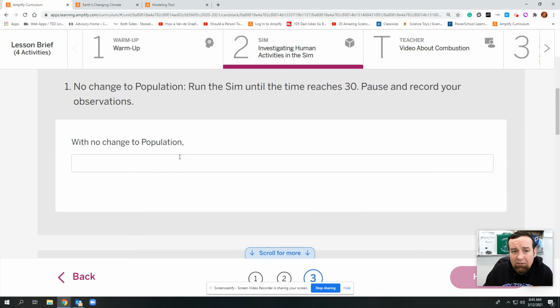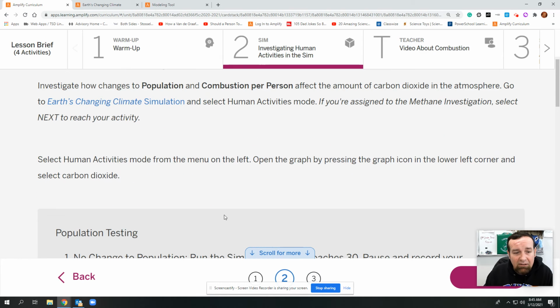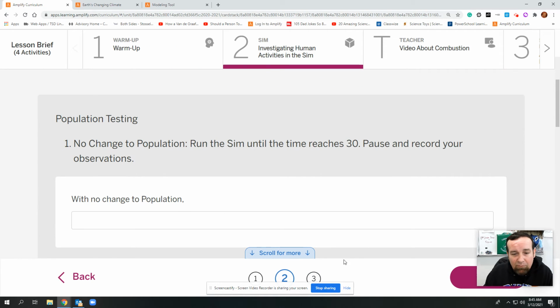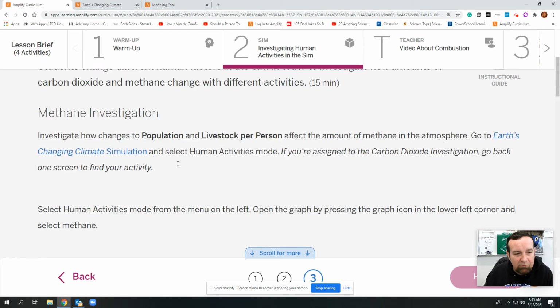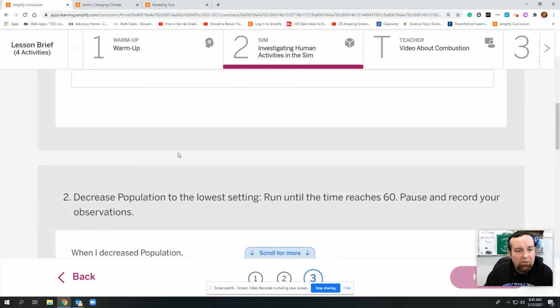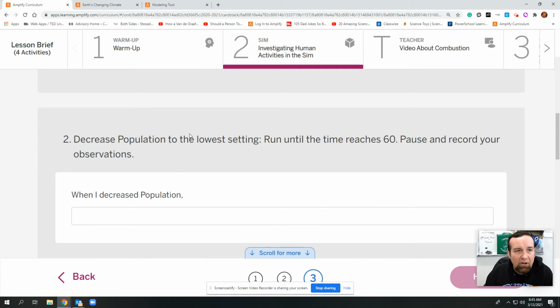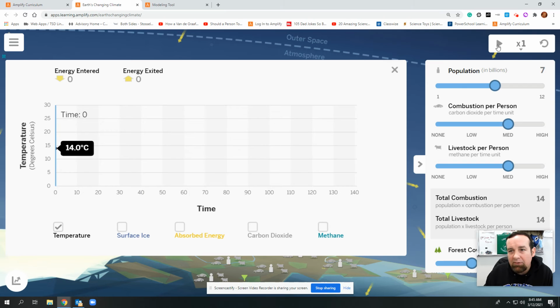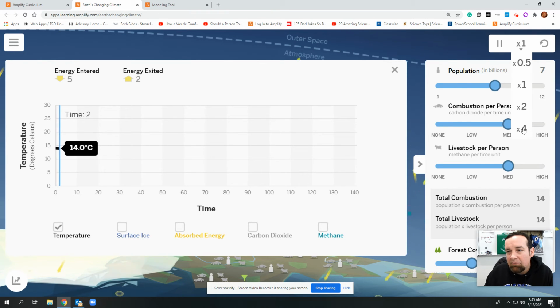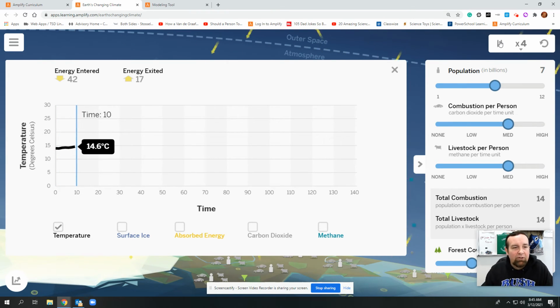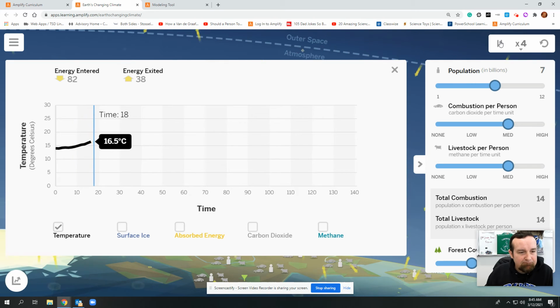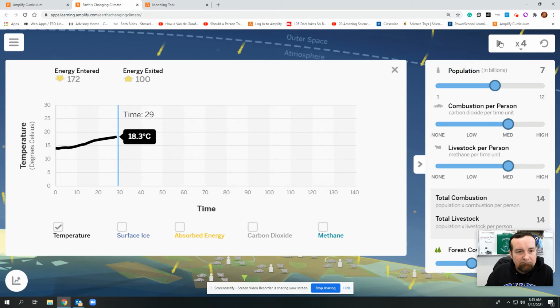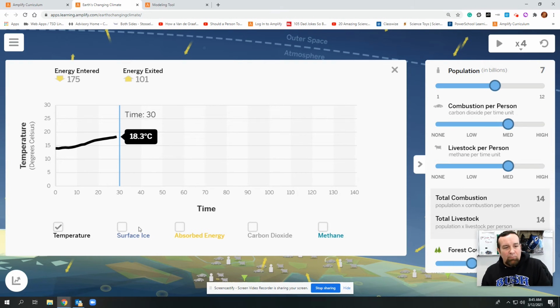Now we've already done this, so you can literally just go back, copy and paste, because we've already gotten to that point before, right? Now we're going to decrease the population, so we still do need to run the sim, and we need no change until we get to 30. There it is, 30, boom.